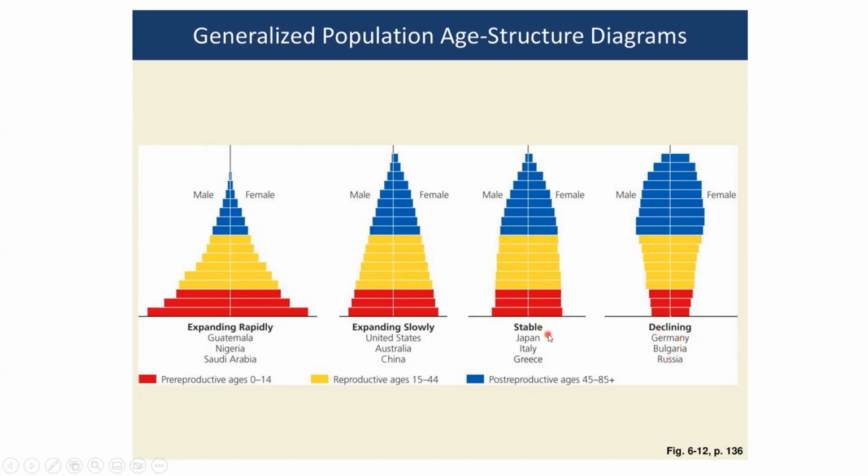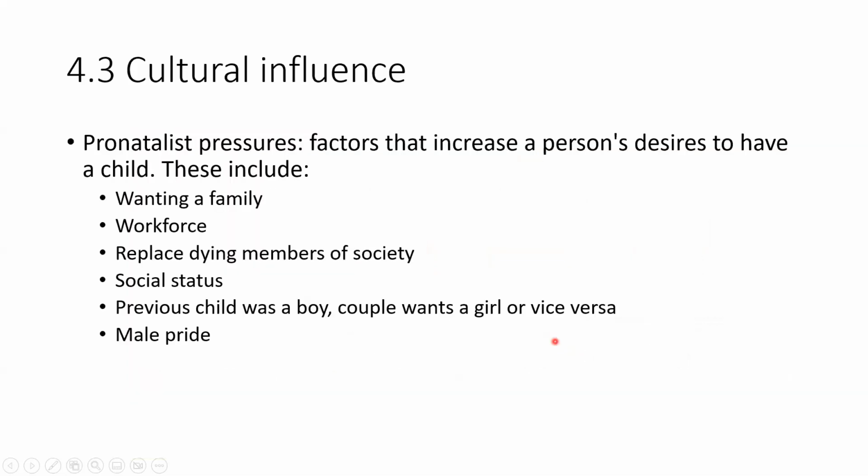I would also think that Japan may be in this group as well, but I don't know exactly how old this graph is, and I'm not totally familiar with Japanese population growth. But at least when I last checked, Japan did have a declining population, or at least was expected to.